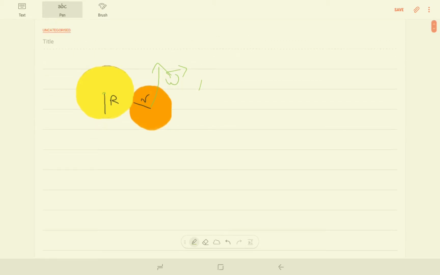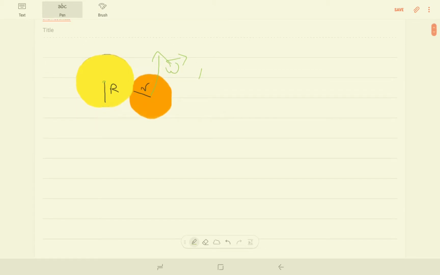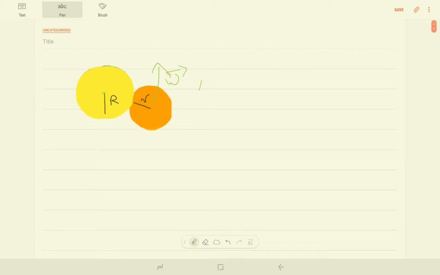Now, the speed of the center of this smaller circle, I'm writing the speed, is omega into R plus r, obviously, because the distance of these 2 points is R plus r. So this is the speed that the center of the small circle has.